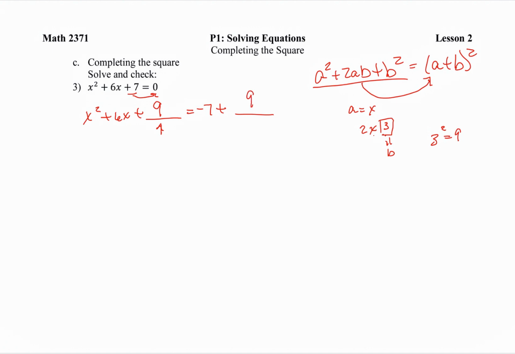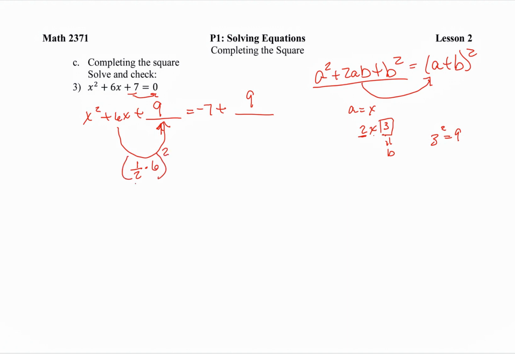There is another way, which is how we're going to approach the rest of the problems. Now that we know that we have this 2 here, how do we get from here to here? We're going to take 1/2 times the 6, and we're going to square it.